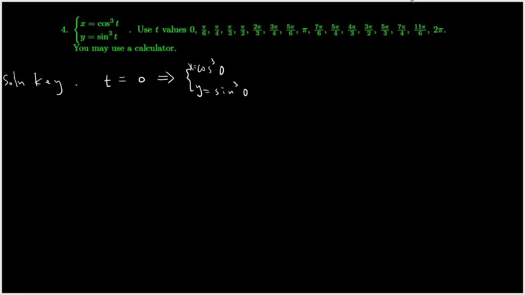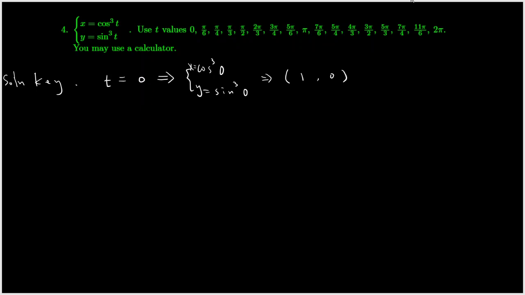Which means t value of 0 will give you the point cos of 0 is 1, sine of 0 is equal to 0. So t value of 0 will give you the point on the curve having the x coordinate of 1 and the y coordinate of 0.